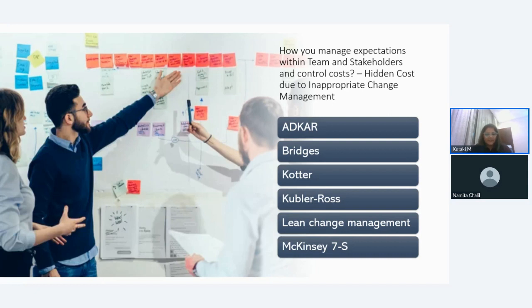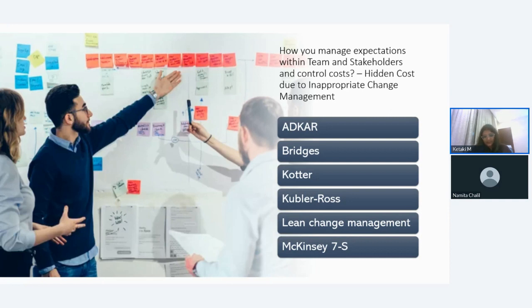ADKAR stands for awareness, inculcating desire, inculcating knowledge, having the ability to bring in a change. And the final one is the reinforcement. When something is done right, you reinforce the change, right?